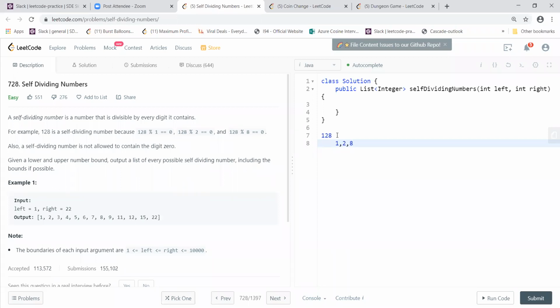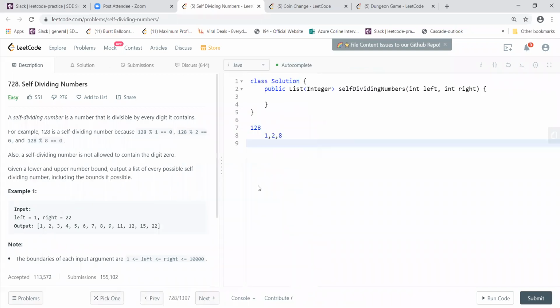The problem statement says given a lower and upper bound, we need to find all the numbers that lie between the lower and upper bound, including them, and just return the list or vector or array of those numbers.